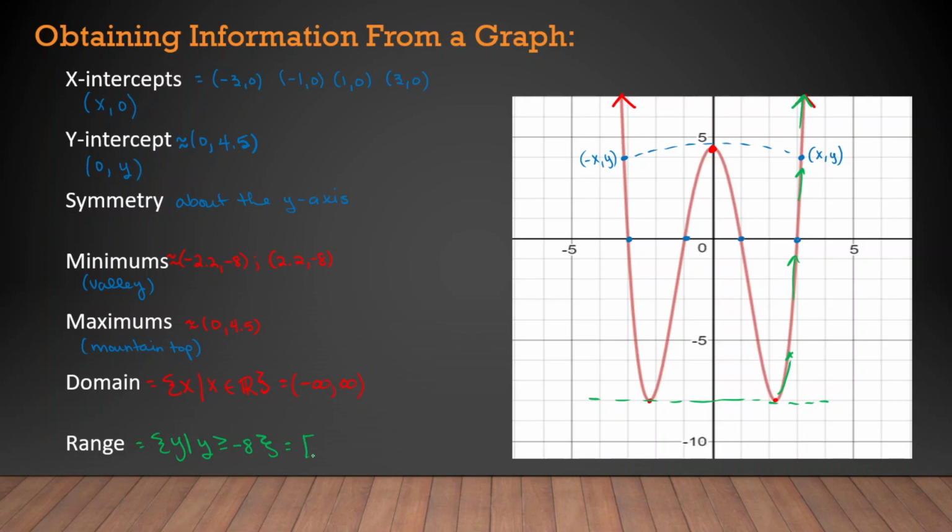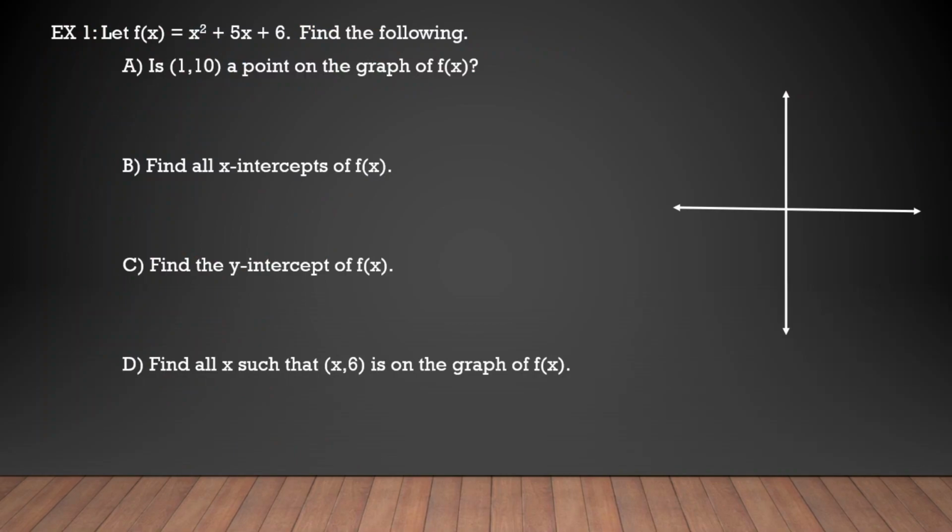And the other way to write that would be from -8 up to infinity. Okay. All right, so the big part here from reading the graph is to remember how to find the x-intercept and the y-intercept. We're going to get a little more into the symmetry and the mins and maxes in the next video.